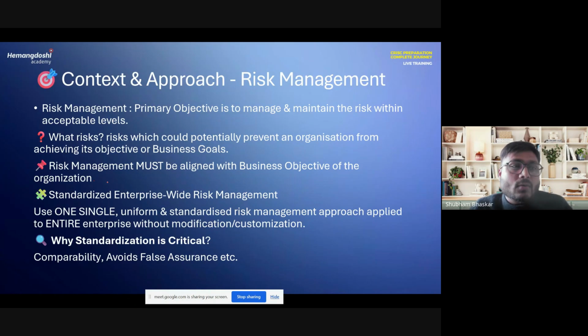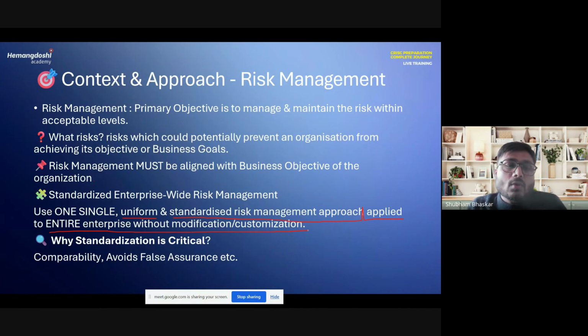It doesn't mean that in finance we are going to manage the risk but skip human resources, or skip the accounting department for that matter. No, there has to be enterprise-wide risk management. It's an umbrella that covers all the departments of the organization. There is one single, uniform, standardized risk management approach, which doesn't change for departments and is applied to the entire enterprise without modification or customization.